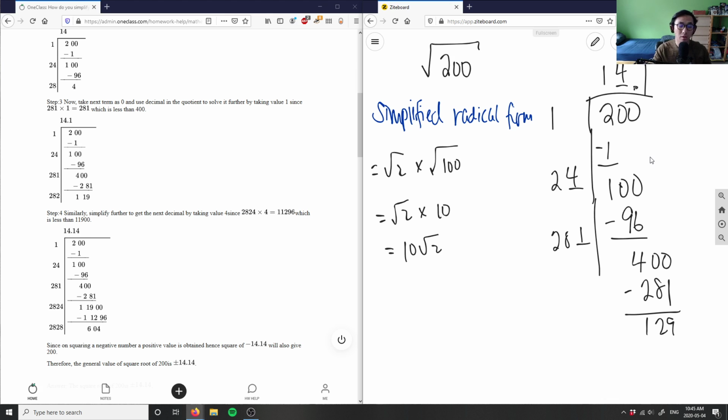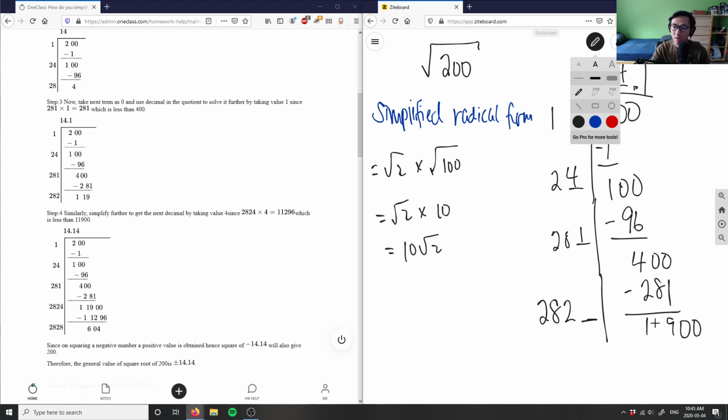I guess I will also do 4 decimal places. Again, 281 plus 1 here is 282, and then thinking of a number that goes into basically 12,000. I believe it should be 11,000 here. I think I subtracted poorly. 11,900. And this here would be the number, let's see.